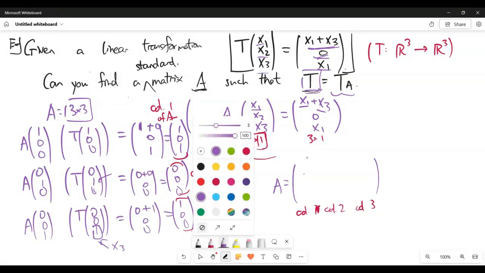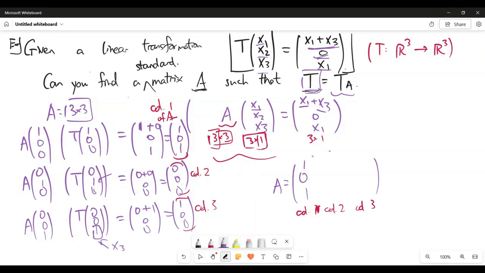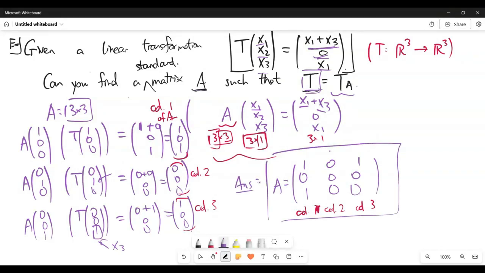So I put in the numbers one by one: column 1, column 2 and column 3. I claim that this is the answer we are looking for whenever we want to find a standard matrix A to represent the linear transformation. And that's the way to get it done.